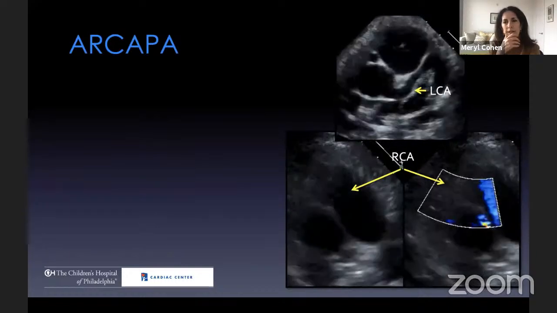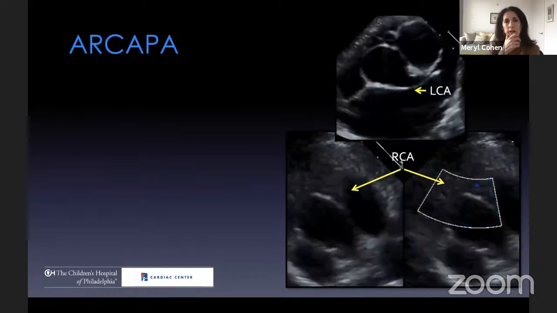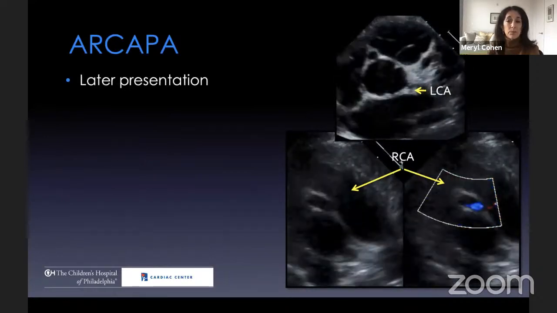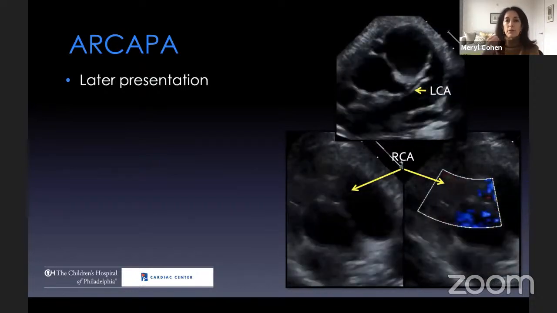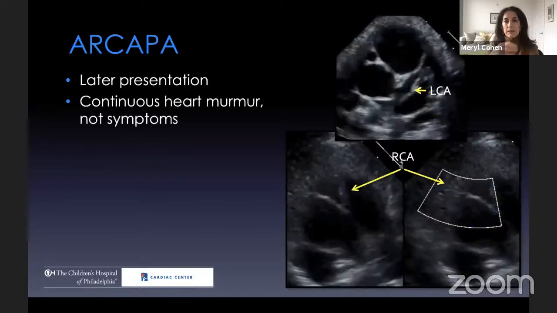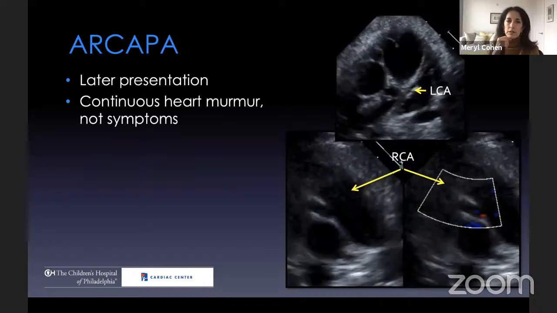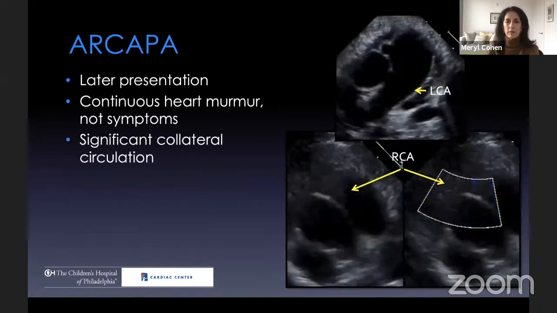A more rare diagnosis is ALCAPA when the right coronary artery is arising from the pulmonary artery. This diagnosis usually has a later presentation. It's because the right ventricle is at lower pressure. We don't often see the ischemia that we see with the left coronary artery. They will present typically with a continuous heart murmur, and they may or may not have symptoms with exertion.